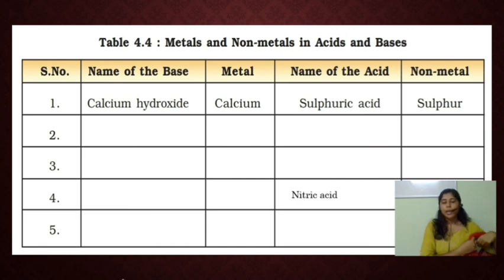Then there is a table of metals and non-metals in acids and bases. We know that calcium hydroxide is an example of a base. Which is the metal present in this base?